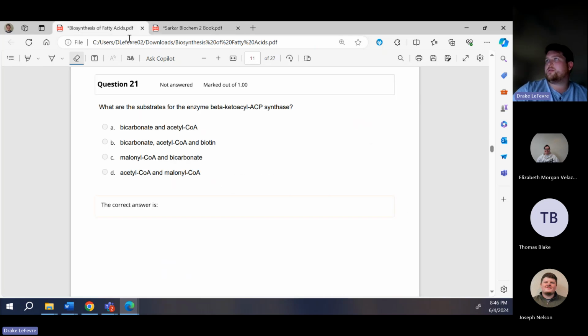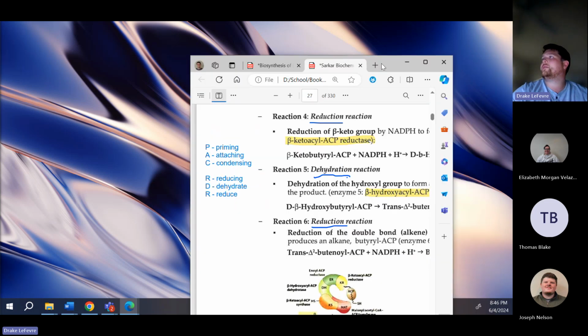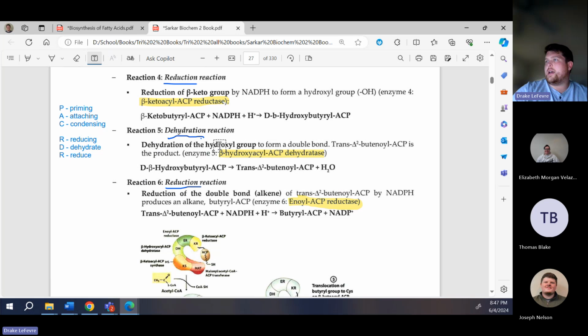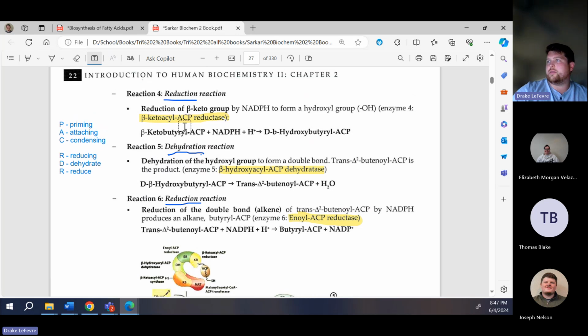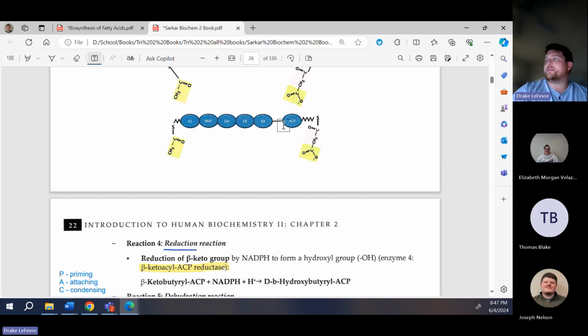Beta-keto acyl. It's going to be in here. Beta-acyl. There we go. Reduction of the beta-keto group from NADPH to form a hydroxyl group. The beta-keto acyl ACP reductase doing its job in there. Synthase. Like I said, there's so many enzymes in here.